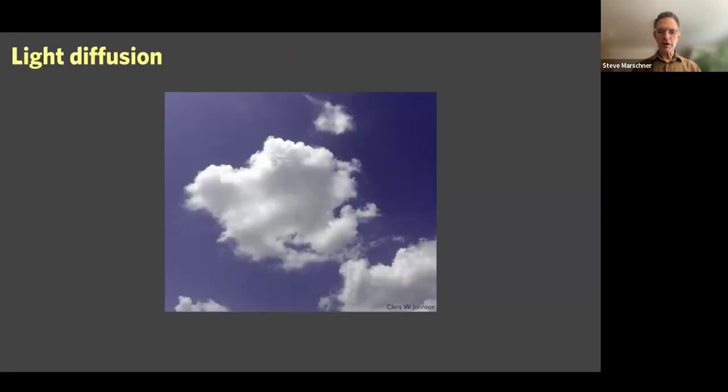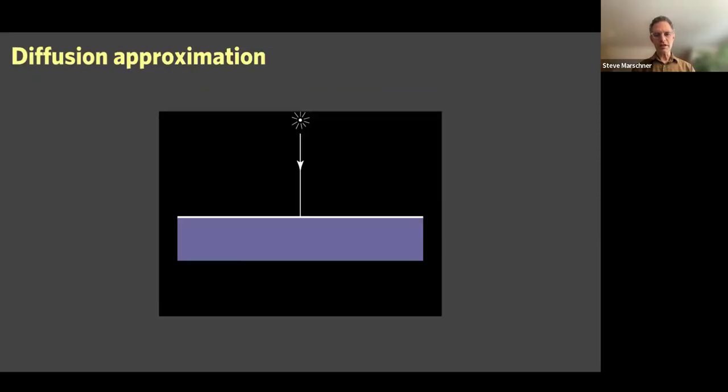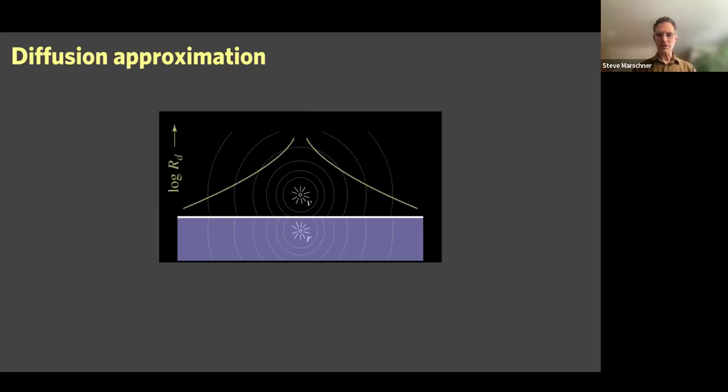People have thought about multiple scattering a lot in a lot of contexts. The atmosphere is one of them, modeling light as it moves through clouds. You can use the mathematical model of diffusion to describe multiple scattering if there's lots and lots of scattering events. Based on that, people have made models for this kind of situation called a half space illumination problem, where you send light in at one point, and then you ask, how does it come out?